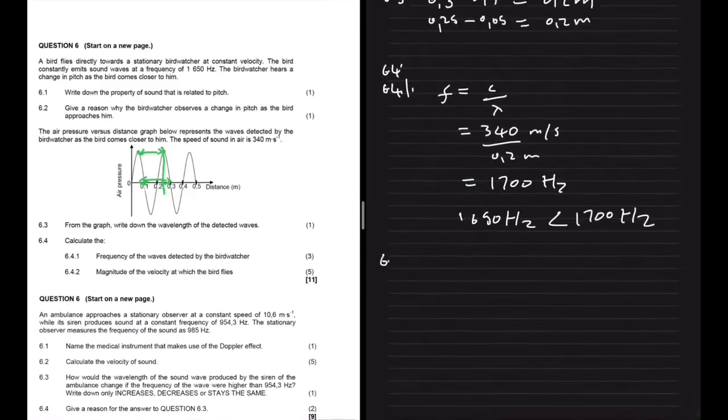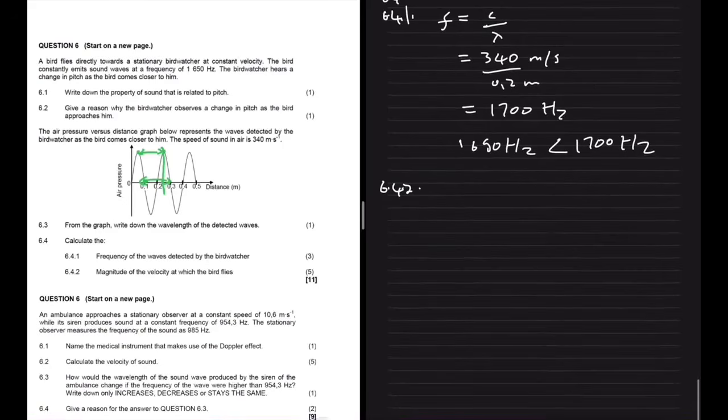Moving to the next question, 6.4.2. It says magnitude of the velocity at which the bird flies. We have frequency, we have the speed of sound in air, we have the wavelength. So we're going to use the Doppler effect formula, right?